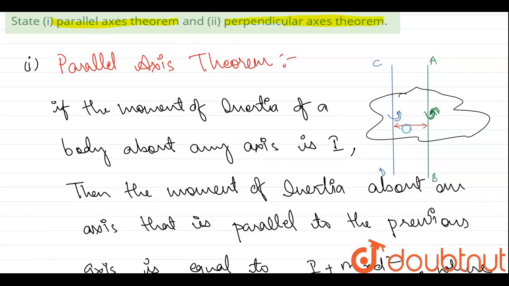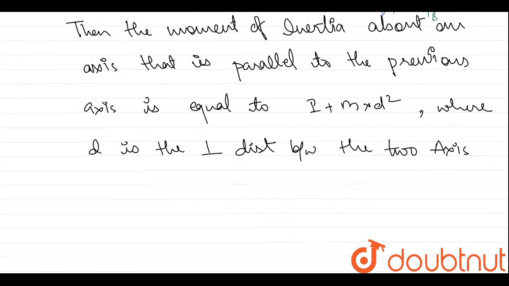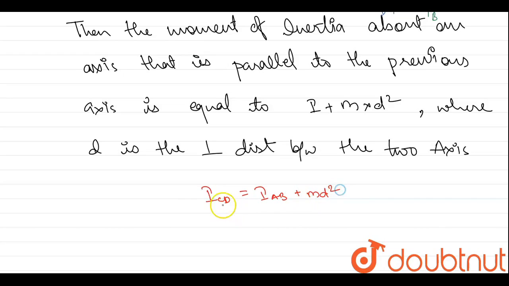If we consider the distance between the two as d, then what does this say? Parallel axis theorem says I CD is equal to I AB plus m into d square. This is the correct outcome of the parallel axis theorem.